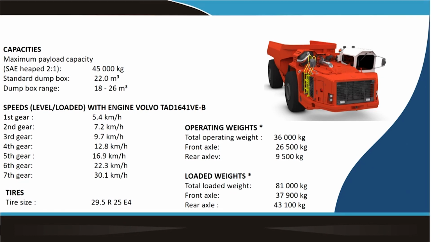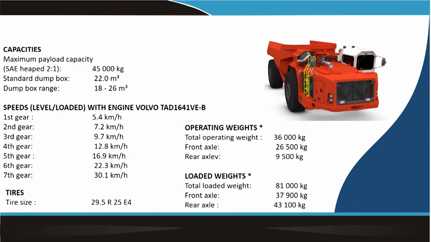While operating, the operating weight can go to 36 ton, and the load is distributed, that is, the box is designed in such a way that when it is completely filled, your front axle and rear axle will share the total load in a ratio of 26 ton and 9 ton.